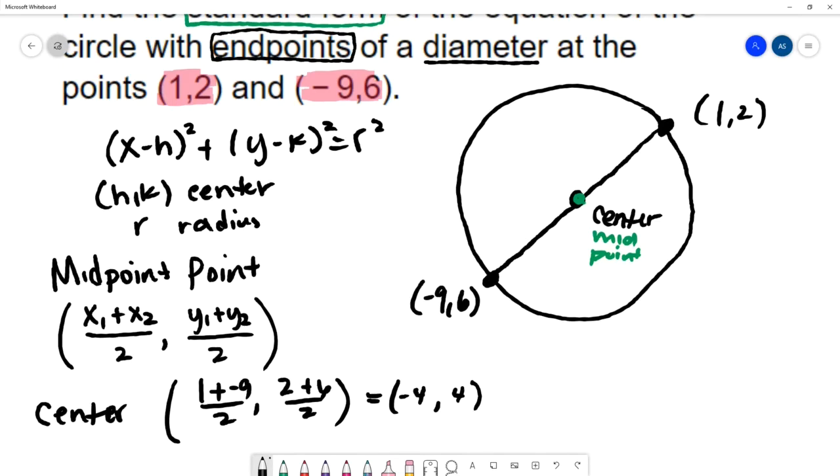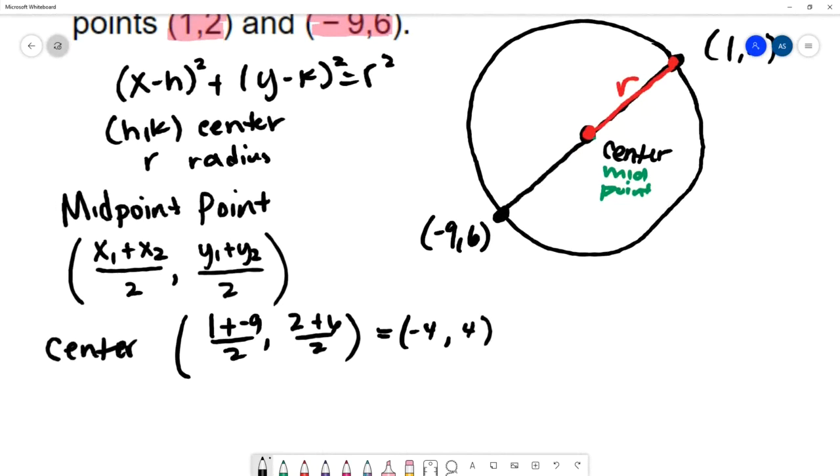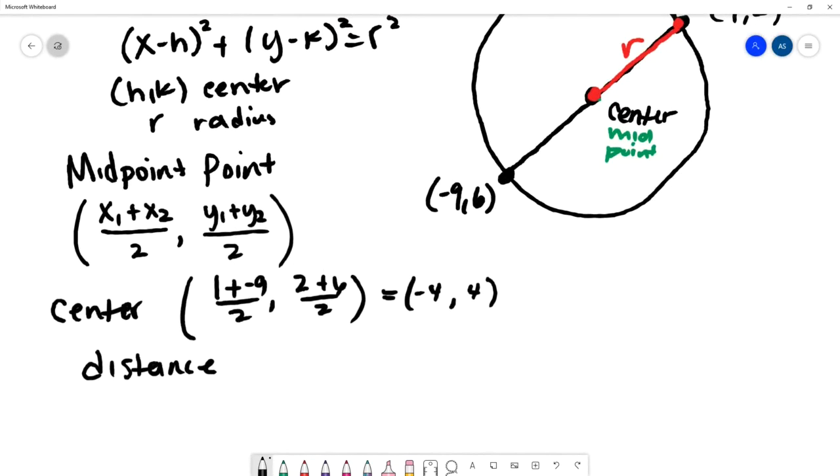We also need the radius of the circle. The radius of the circle goes from the center to a point on the circle. So if we can find that distance, then we'll know the radius. So we can use the distance formula to find the radius.